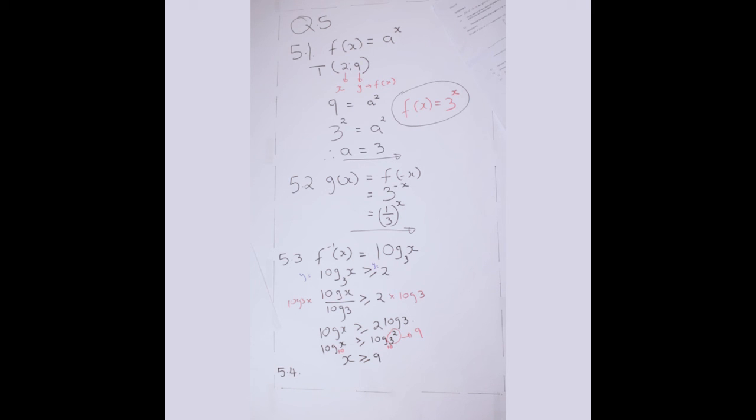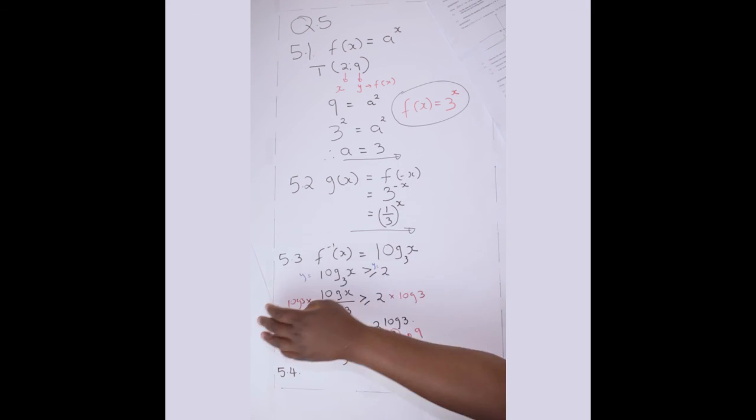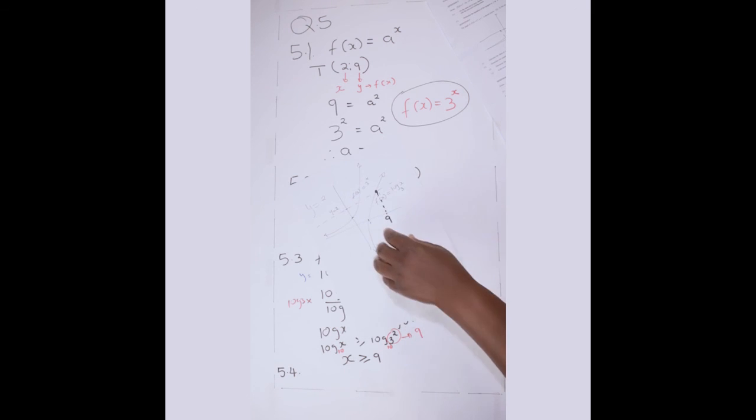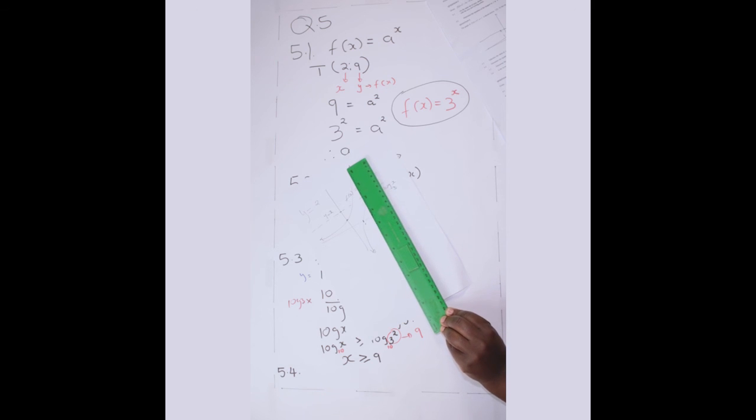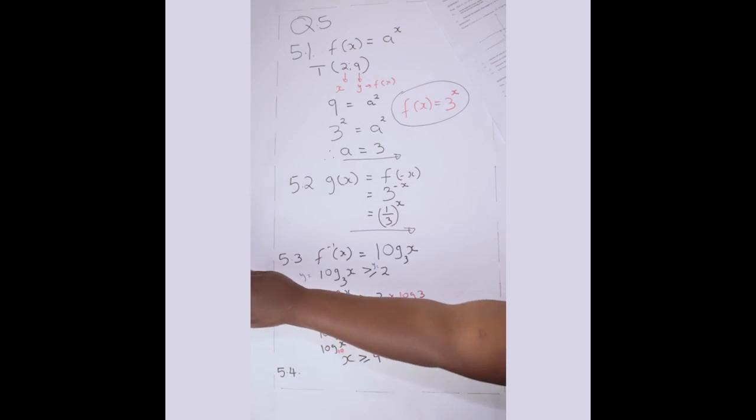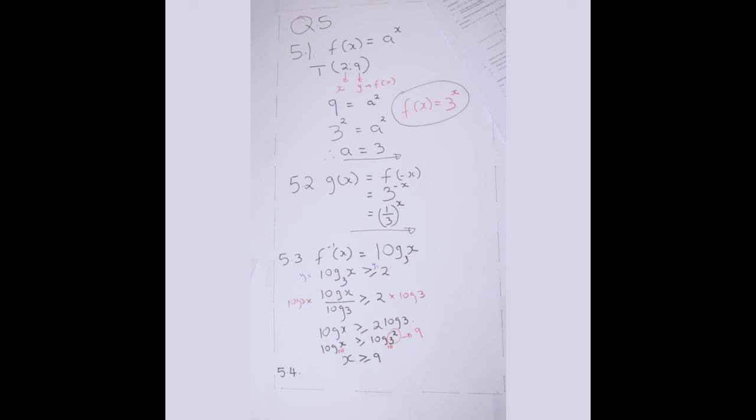Is this one a function? How do we test if it's a function or not? We need to see if our vertical line is touching or passing through our graph once or more than that. So if I put a ruler in this graph, move it in this direction, you can see that it is also touching once. So it means that yes, this is a one-to-one function, and therefore this is a function.